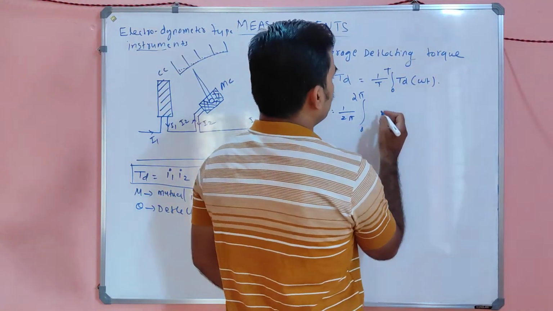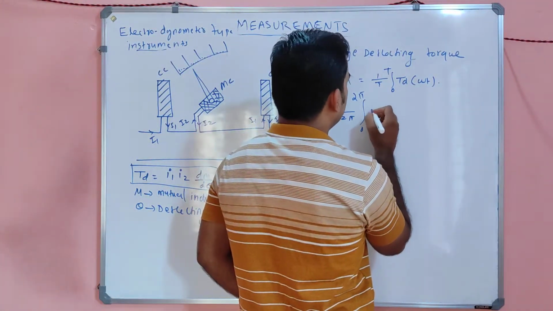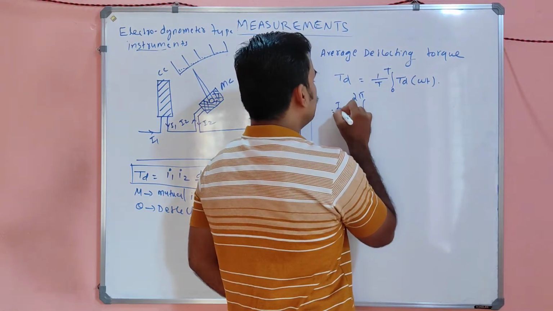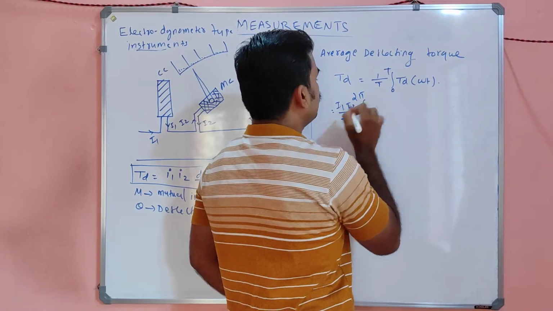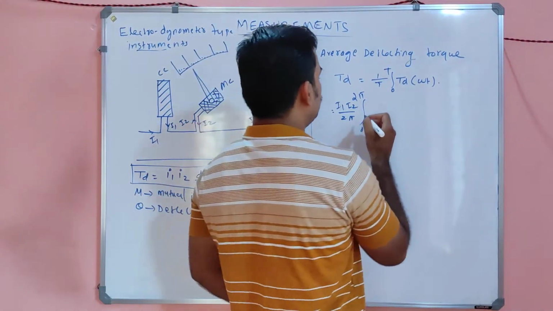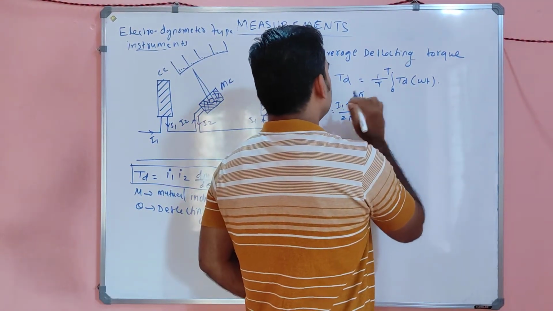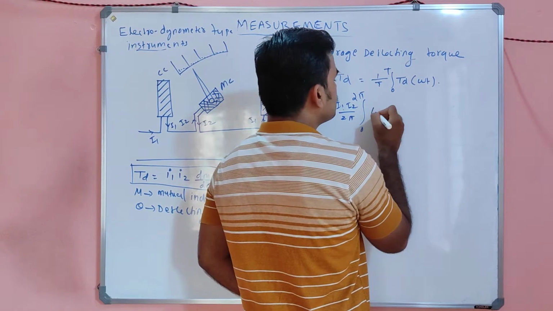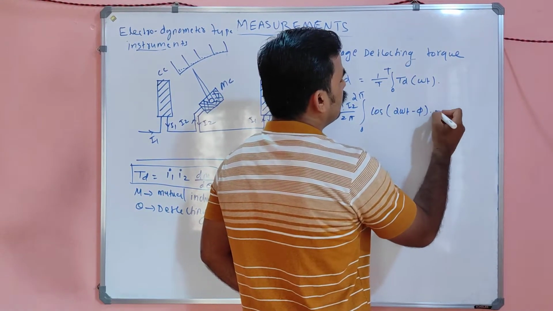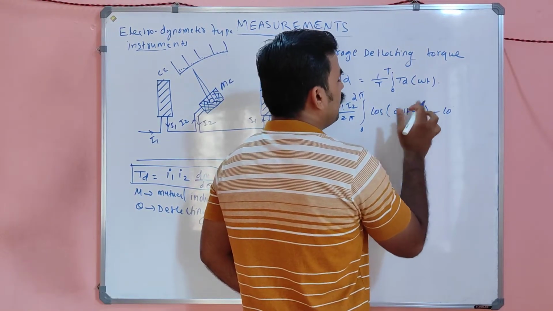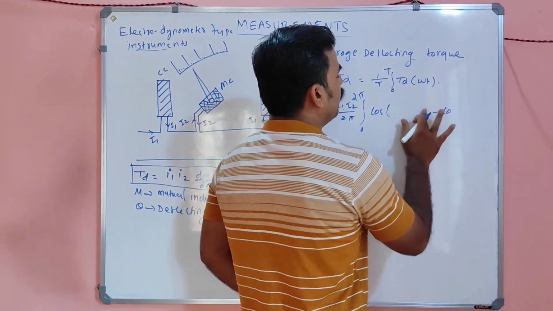Sine A sine B is cos A minus B. So I1 and I2 you can take outside. The remaining terms will be cos of 2 omega t minus phi minus cos A minus B, so initially it will be cos phi, correct?